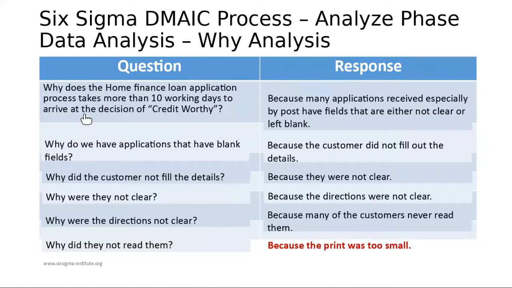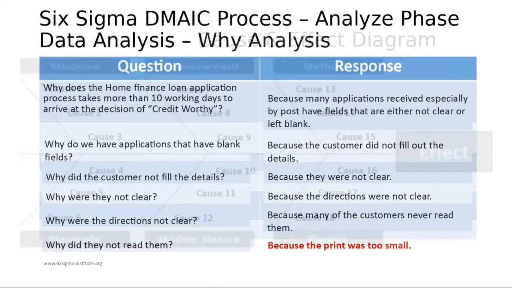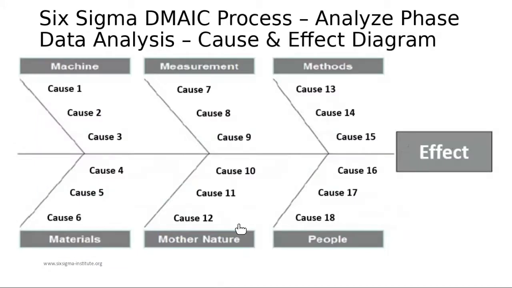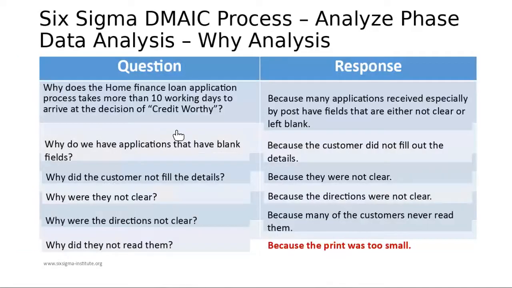For example, why does the home finance loan application process take more than 10 working days to arrive at the decision of creditworthiness? Here, if you go back to the fishbone diagram, this is similar to the method. He's talking about the method. The method is taking too much time. So he's now doing the why analysis.